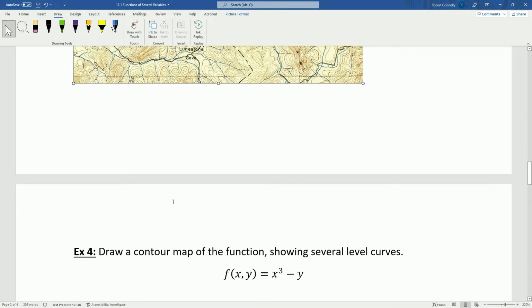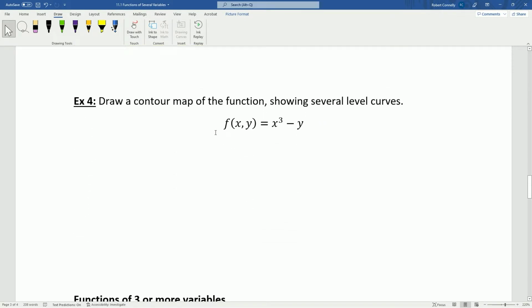Okay, so let's go ahead and move on and draw a contour map of the following function, showing several level curves. This might seem more complicated than it is, but it's actually a pretty easy idea. What we're going to do is write this as k equals x cubed minus y. And I'm going to solve this for y, so I get y equals x cubed minus k.